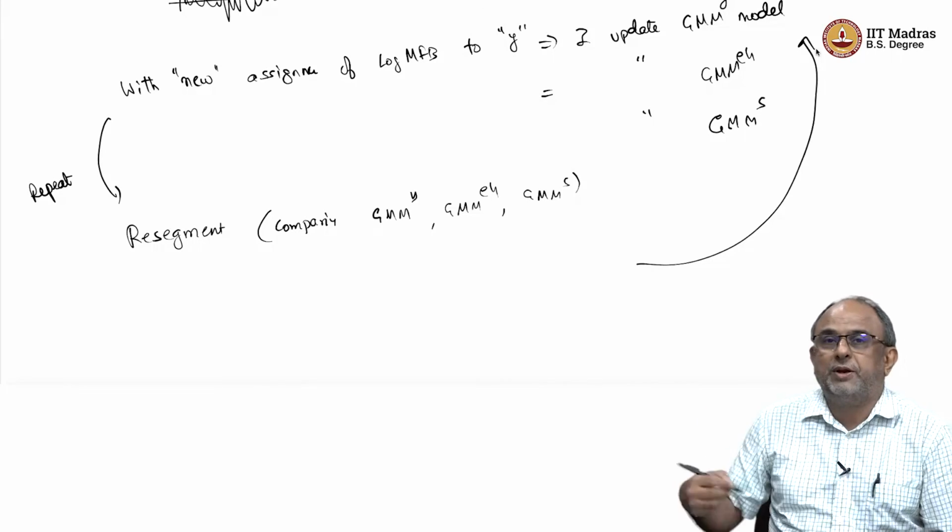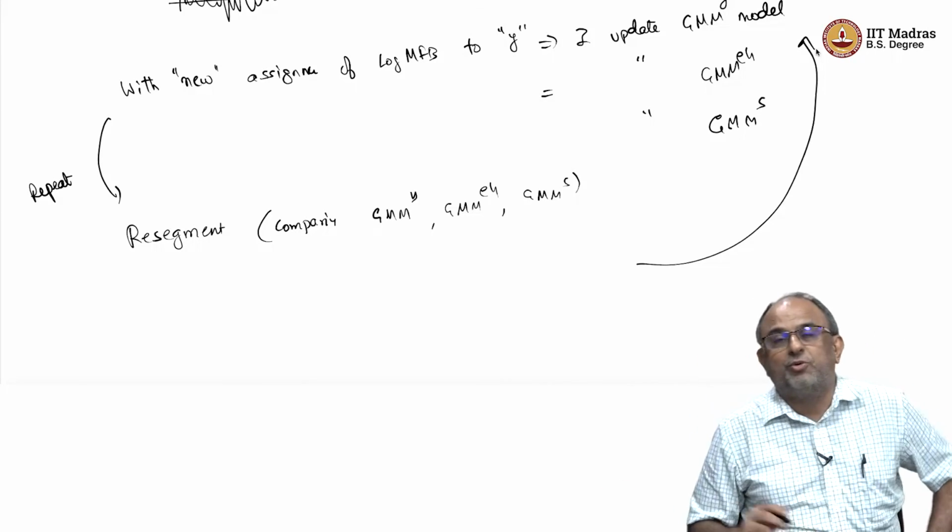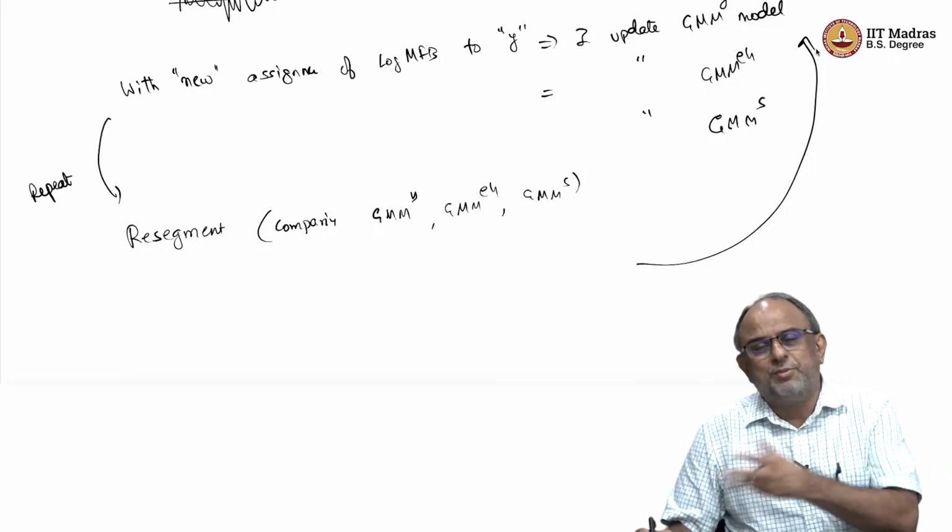We are going to keep repeating, and that is the way we are going to build a model for yes, and similarly the model for no.